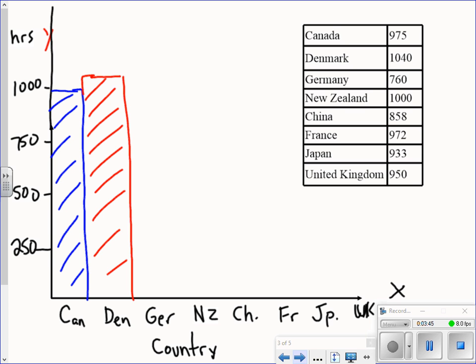Germany at 760, which is pretty darn close to 750, just above the 750 mark. So I'm going to go up to about there, color that in the other way just for fun. New Zealand is exactly 1,000. How handy is that? So right up at 1,000.